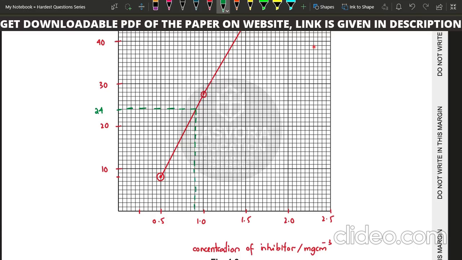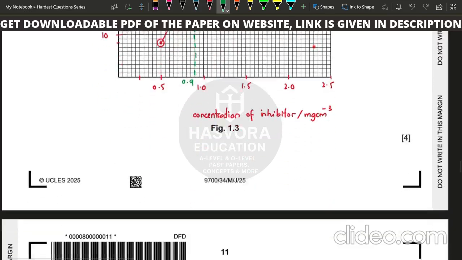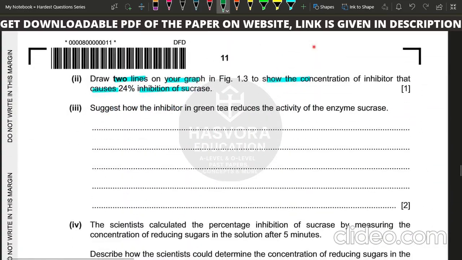So let's see, 0.5 divided by 10. So one small box is equal to 0.05. So it will be 1 minus 0.05 into 2. So it will be 0.9 actually, okay. This will be 0.9% concentration of inhibitor. So you just have to show this on the graph, okay.